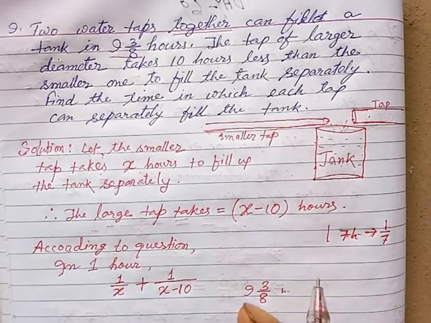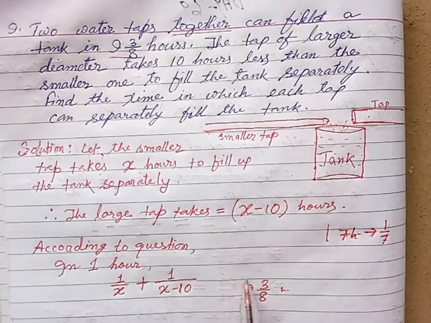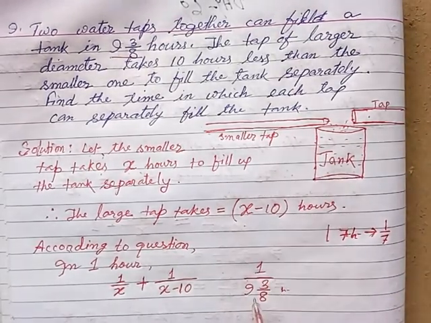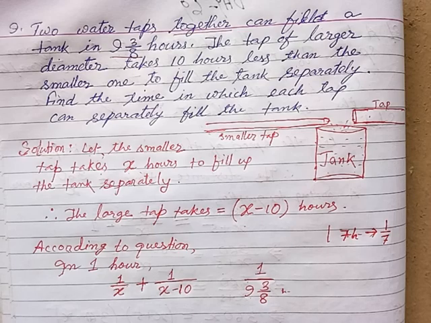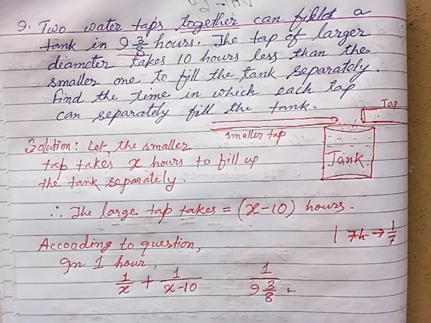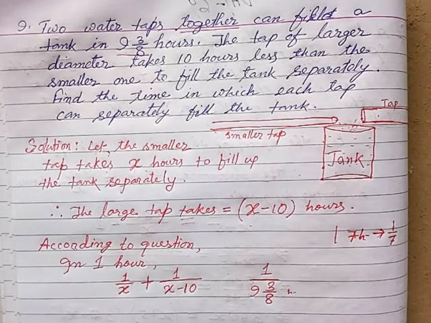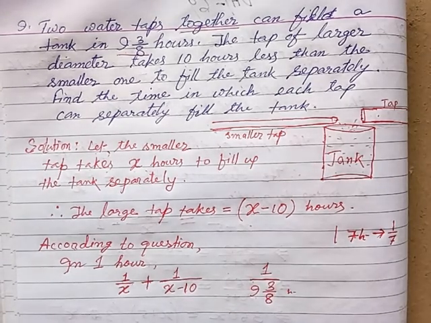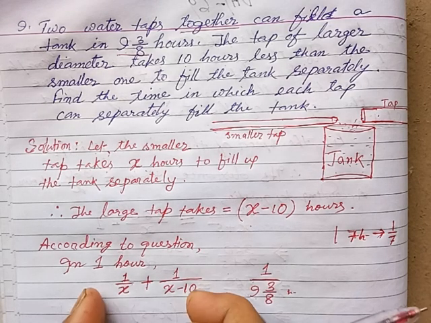So in 1 hour they can fill 1 by 9 3/8 part. So together in 1 hour they fill 1/(9 3/8) part. Same thing, together in 1 hour they fill this much part.